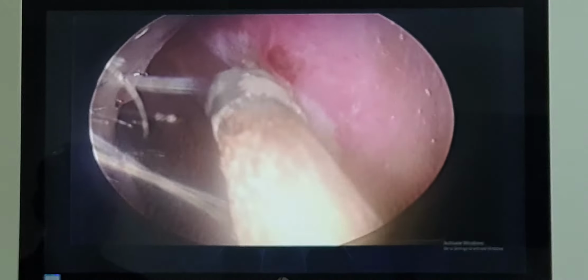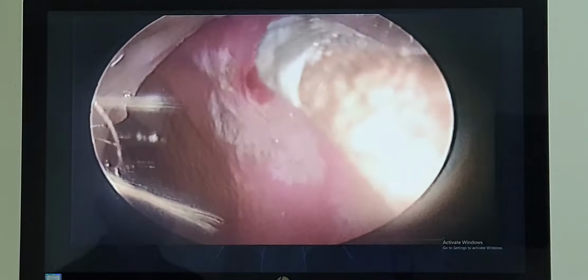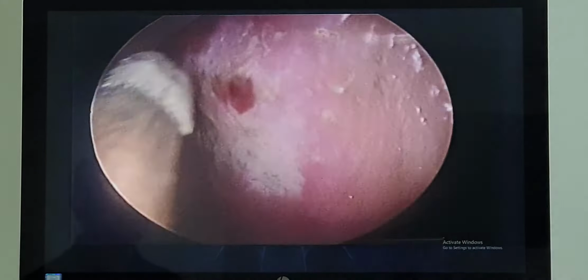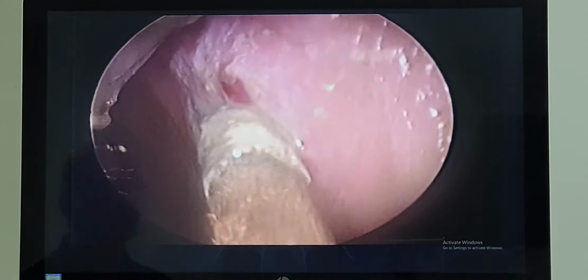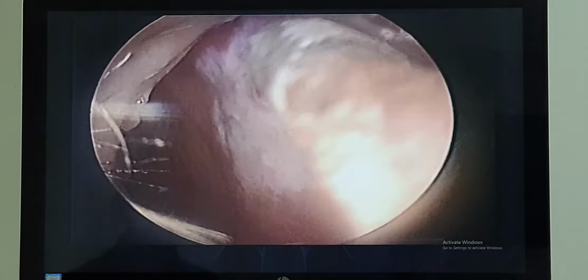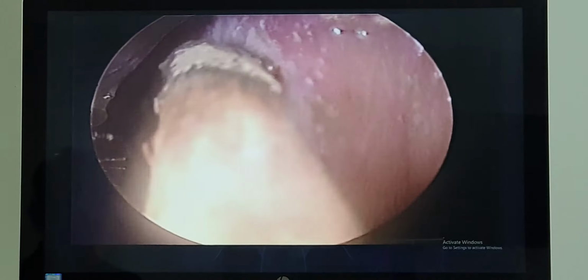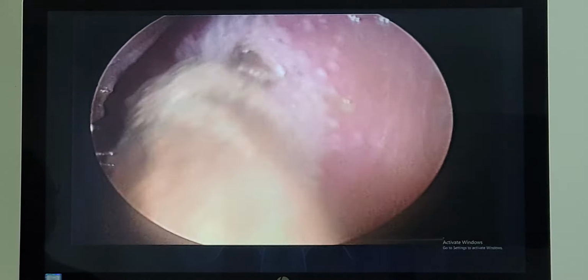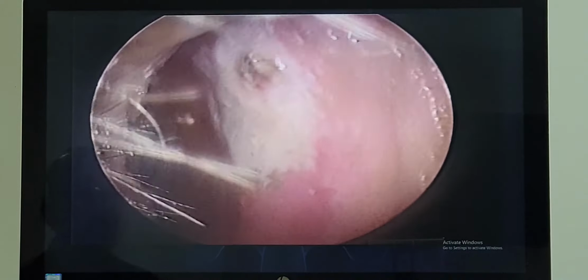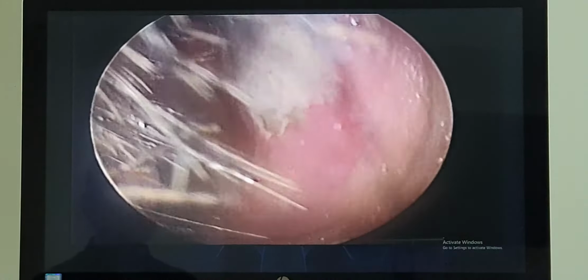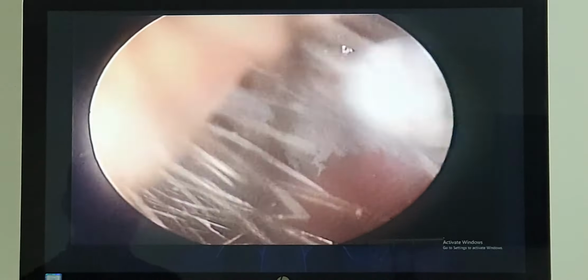I will not keep the silver nitrate stick continuously in one area. Now, as you can see, I have cauterized all around, and finally I am touching over the bleeding spot. Now, I take a new stick. Here we go, the second one, and I will cauterize over that area. Now, you can see how it blanches.